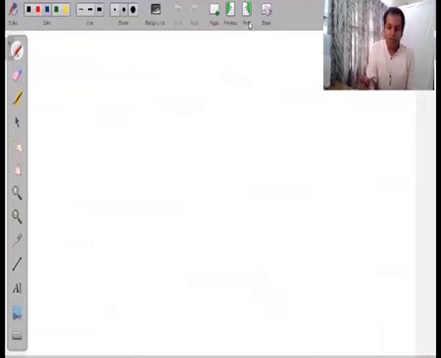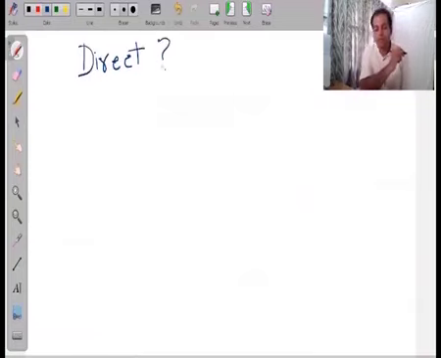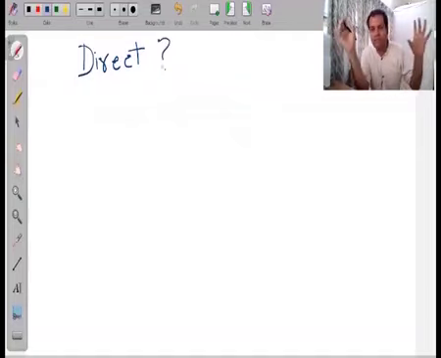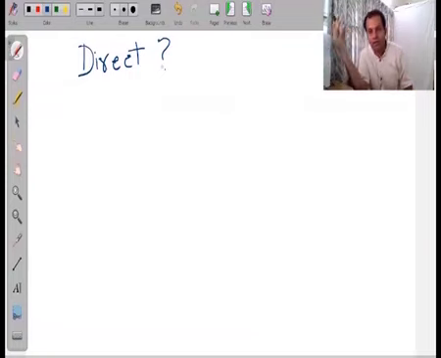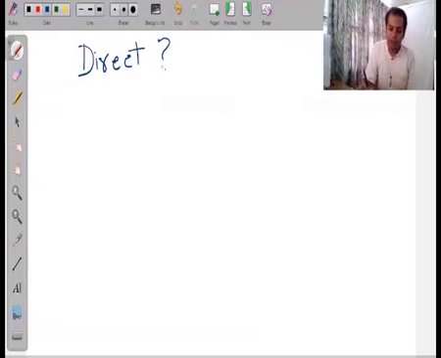You may wonder, is there a direct way of getting this expression? I have just compared the two forces and said this is how their terms are different, and that's how I wrote down the W tilde or R tilde. But if there is a direct way, what we would do is the following.